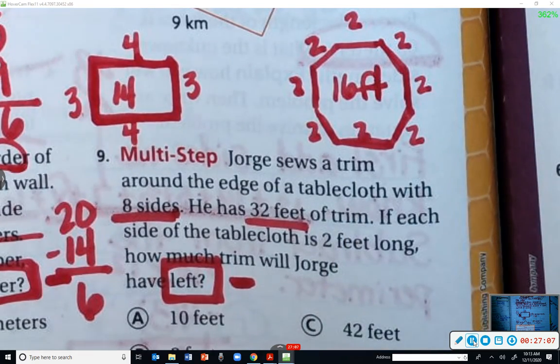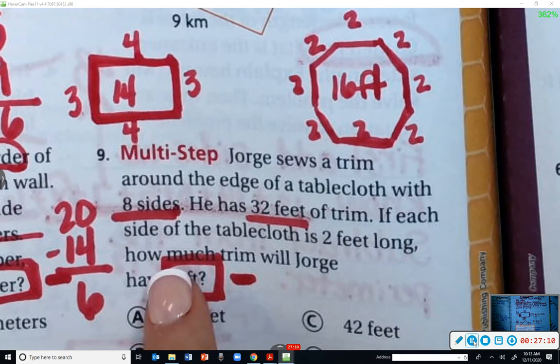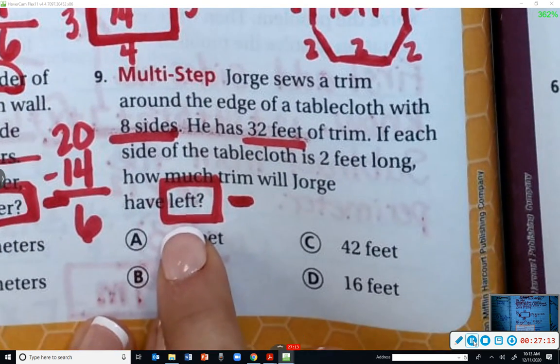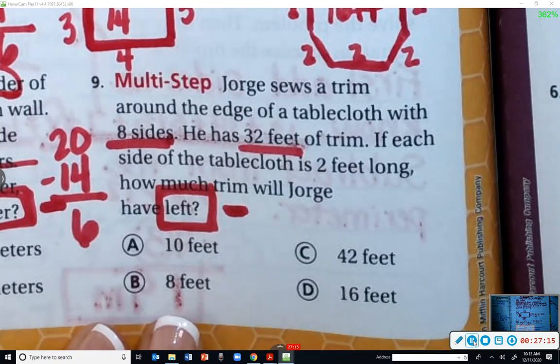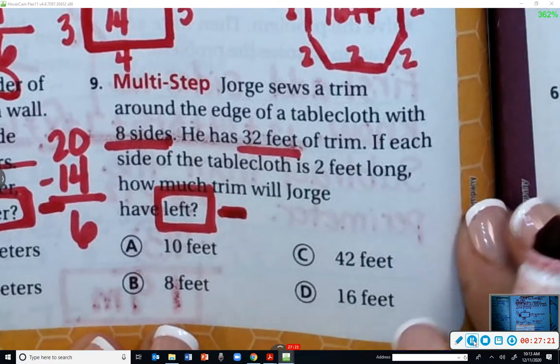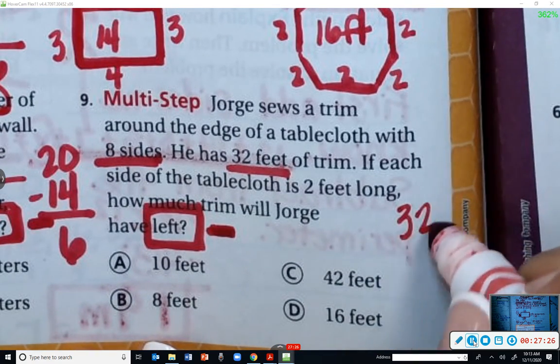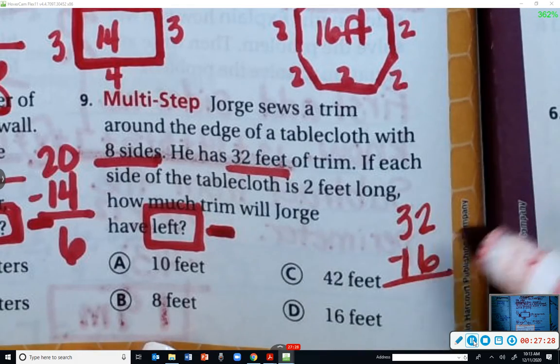But the problem didn't ask us how many feet he needs. It asked us how much trim he will have left. Okay, so what's the second thing I need to do? Subtract. Good. What am I going to subtract? 32 minus 16. 2 minus 6.